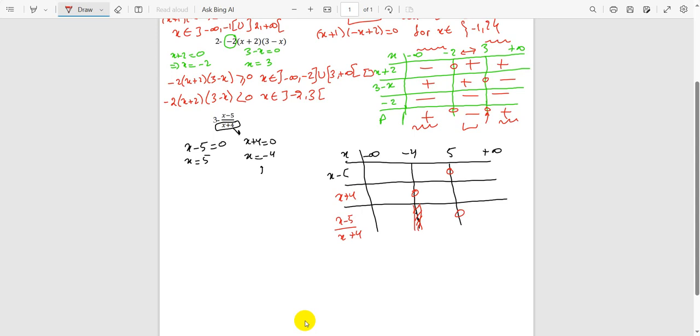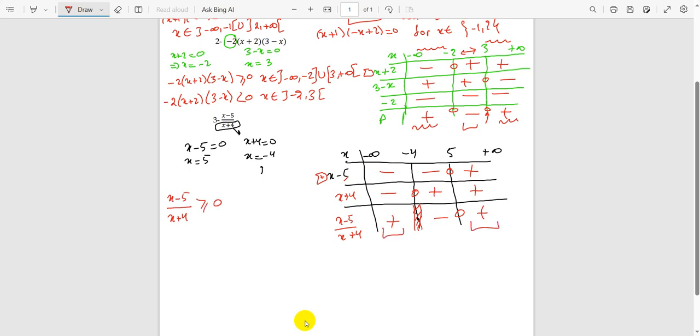Right now I'm studying the sign. x minus 5, opposite right here, which is negative, since I have plus, and here positive. x plus 4 also negative, then positive. The signs will be plus, minus, and plus. And right here I have equal to 0. Solving this, studying the sign of this expression, I will get that x minus 5 over x plus 4 is greater than or equal to 0. And here you have to pay attention.